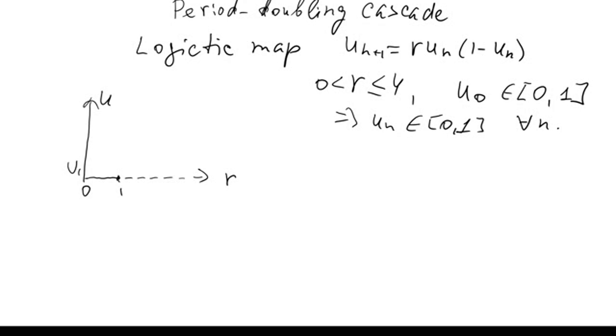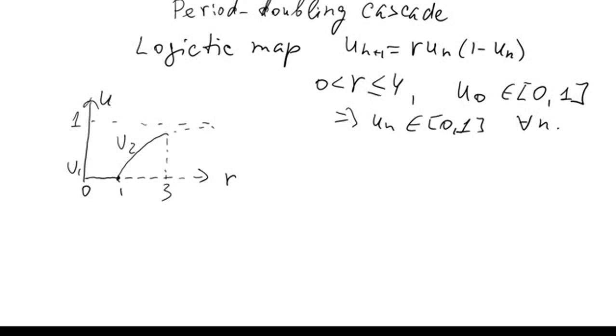When it becomes unstable, we get a second fixed point, which is u2. This tends to 1 when r is increasing, and when r equals 3, u2 becomes unstable.